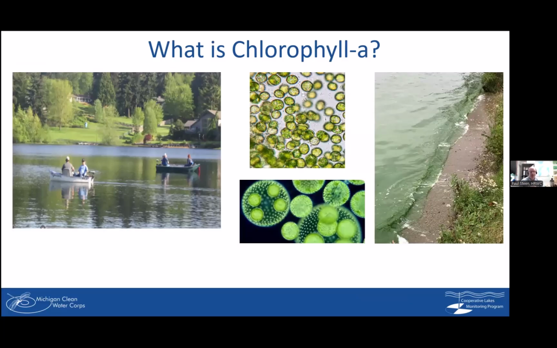That is the base of the food chain. It provides all the energy from the sun going up into fish, into frogs, and eventually birds, bigger fish. So all the way up the food chain. If you didn't have chlorophyll in your lake, you would have a pool. And if you wanted a huge pool, go ahead, but our lakes are special because they do have all these living things in them.